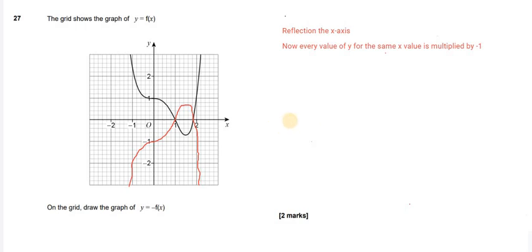So that's the idea. But it's 2 marks. You can't be perfectly accurate, but you can be close enough where you show that you really understand what you're doing. And stating this would go a long way in doing that, as well as drawing the graph.